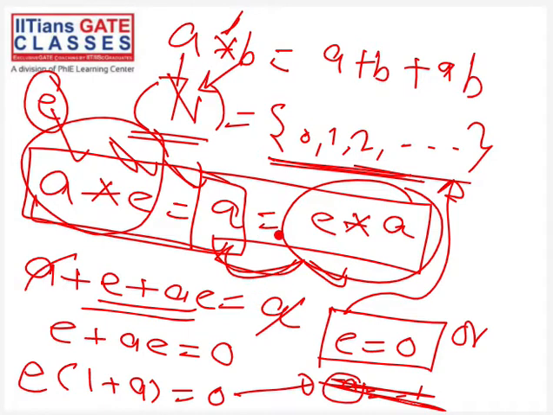So this is how you can optimize: if you already know that your operation is commutative, then you only need to check one side, and you can check any side. So basically E equal to 0 will be your identity element for this operation on this base set.